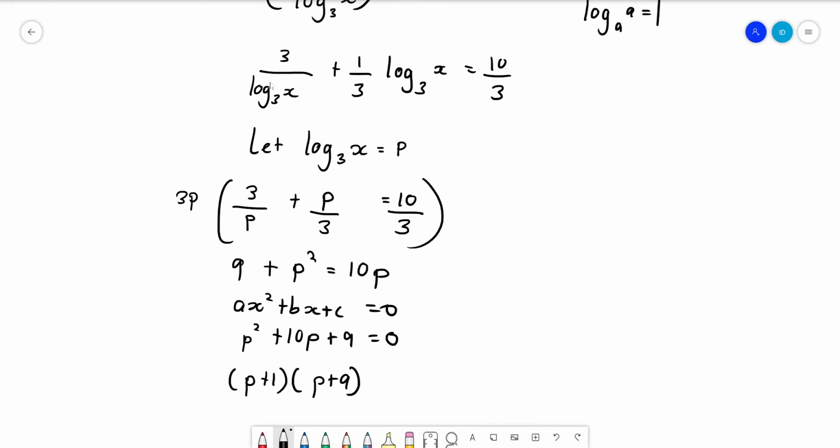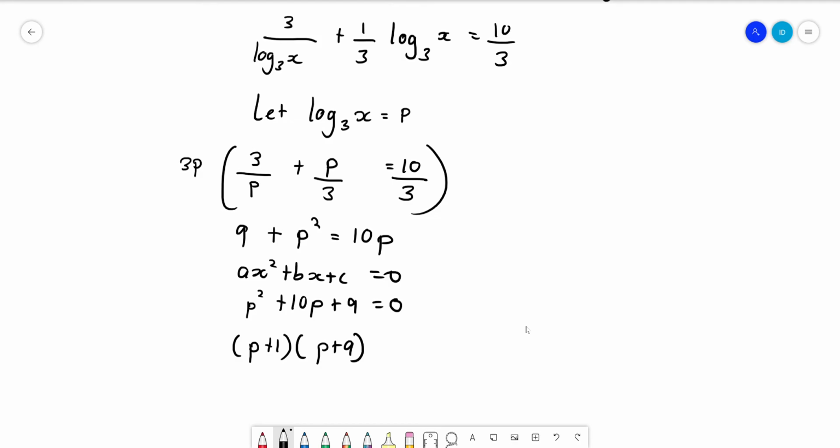Let me check again for 3p, 10p, p squared. I hope nothing is wrong so far. Yes, I found my mistake. So p squared, sorry, by taking away 10p from both sides, it should be negative 10p plus 9.